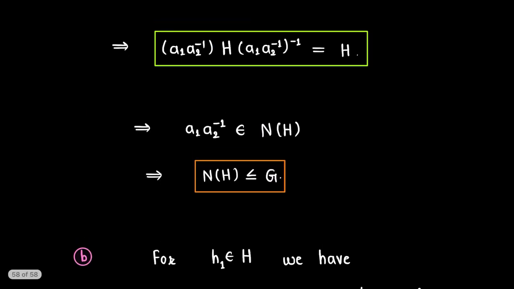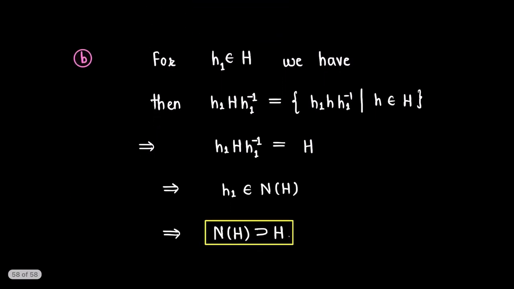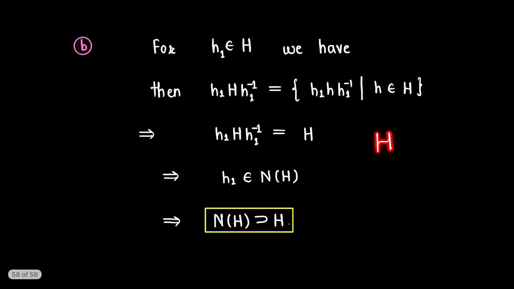Now we have to prove that H is a subset of N(H). So consider an element, say h1, in subgroup H. Now we have h1Hh1⁻¹, which is the collection of all elements of the kind h1hh1⁻¹ for all h in H. Now all these are elements in subgroup H, and as H is a subgroup, it will be closed.